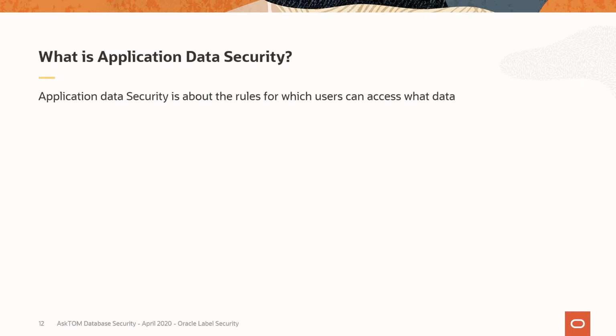Your regular database privileges and roles give you access to tables and views and such, but they don't differentiate what rows and columns a user can see, because application users typically don't need to see every single row and column. There's sensitive data that they don't need to see. So application data security, or application authorization, is the set of authorizations where we give cell level access, row and column level access.